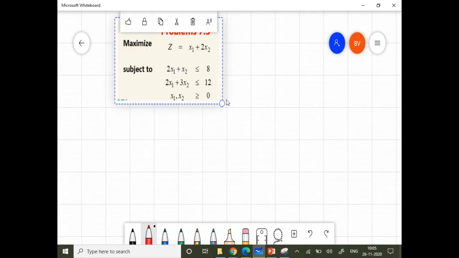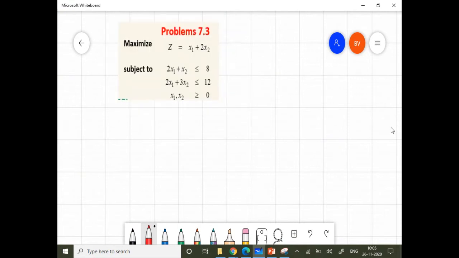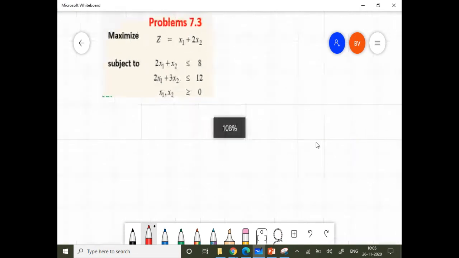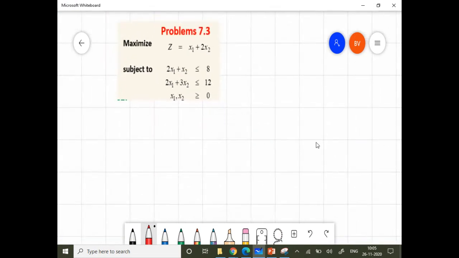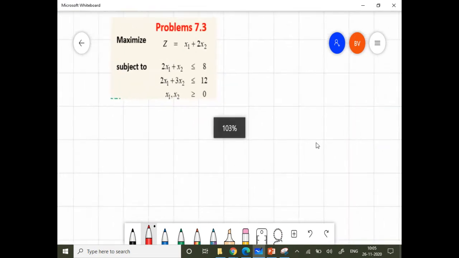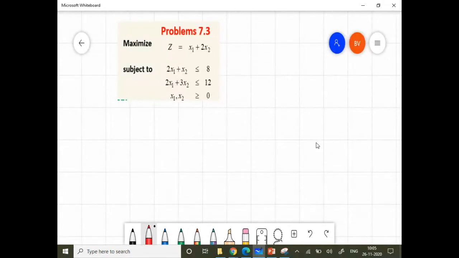We are going to solve this problem using the simplex method now. Let's start the solution.